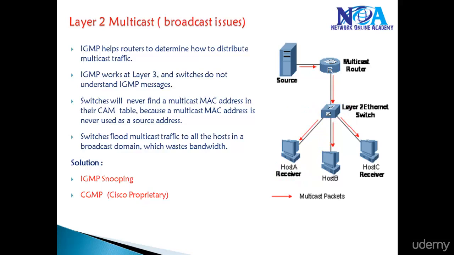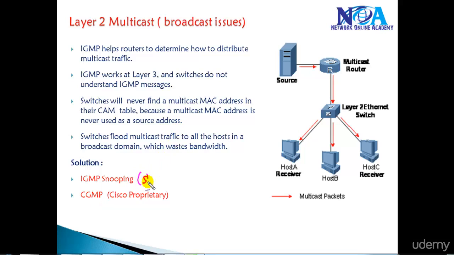There should be some solution to overcome this drawback. The major drawback is that it wastes bandwidth, because the switch is going to flood the multicast traffic out of all the ports, since it doesn't know where the hosts who want to receive the multicast traffic are connected. Now the solution is IGMP snooping.